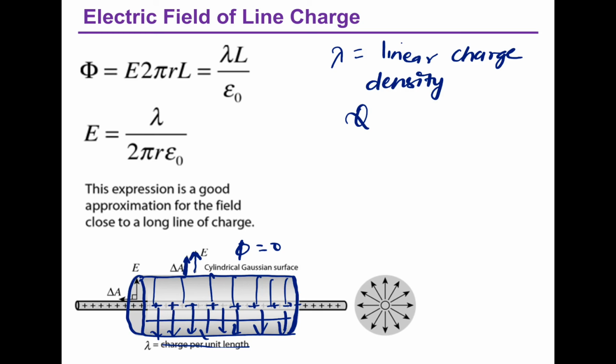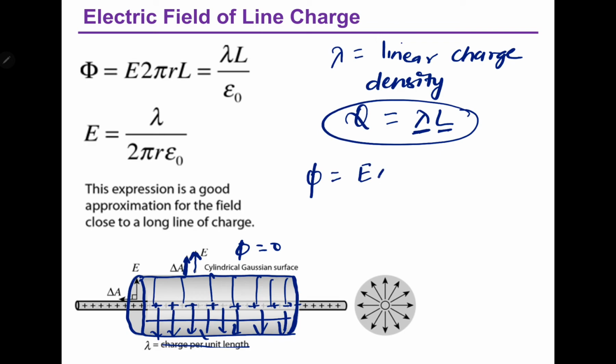So you can write down, first to calculate Q. Q will be lambda L, because the charge density multiplied by length gives you the total charge, right? So our goal is phi, which is EA. What is the area of this curved surface?